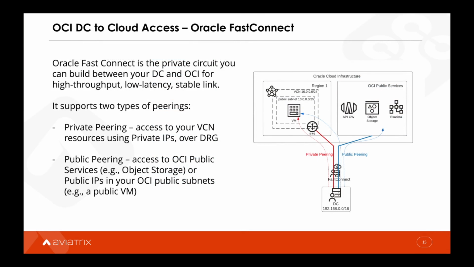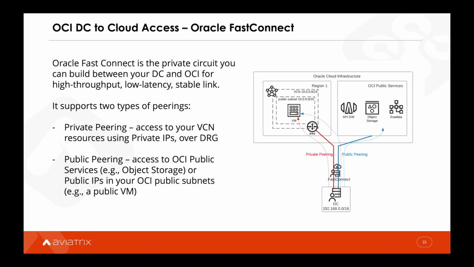Then a quick zoom into Oracle FastConnect. FastConnect, this is the private circuit that Oracle offers as a way to interconnect your data center directly with OCI resources. And there are 2 types of peerings available on OCI FastConnect. The first one, this is private peering, giving you the access to your VCN resources over private IPs using DRG.